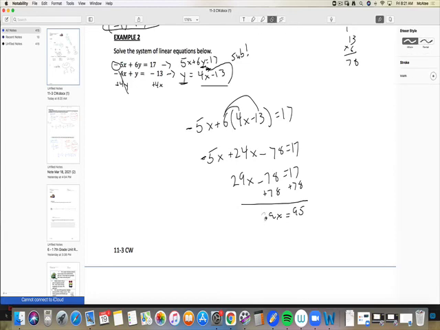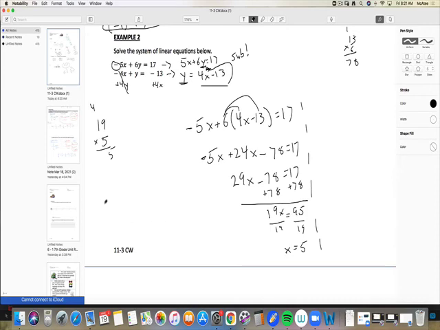Blunder. That would be 19x. Does that even help me though? No, let's try it. 19 maybe times 5. Yeah, that'll work. Okay. So x is equal to 5. We're okay.